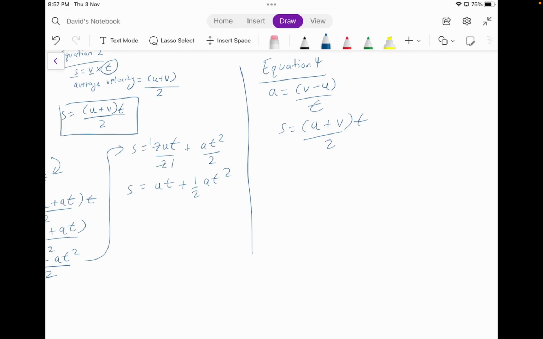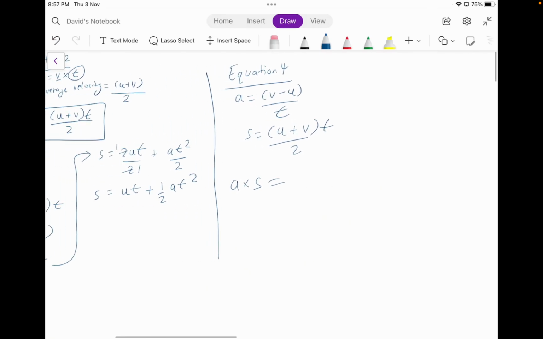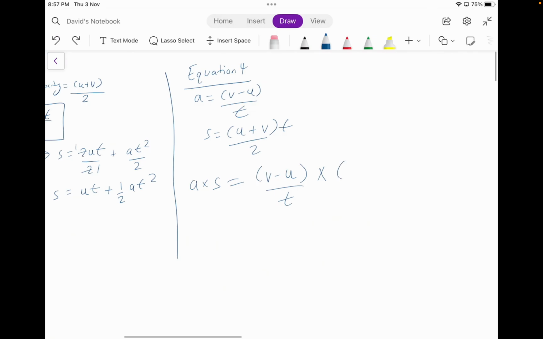All we need to do now is multiply both of these equations together. So a times s is equivalent to a's value, which is (v minus u) divided by t, multiplied by whatever the value stored in displacement. You're going to multiply both these values together, divided by 2, times t, to get your fourth SUVAT equation.